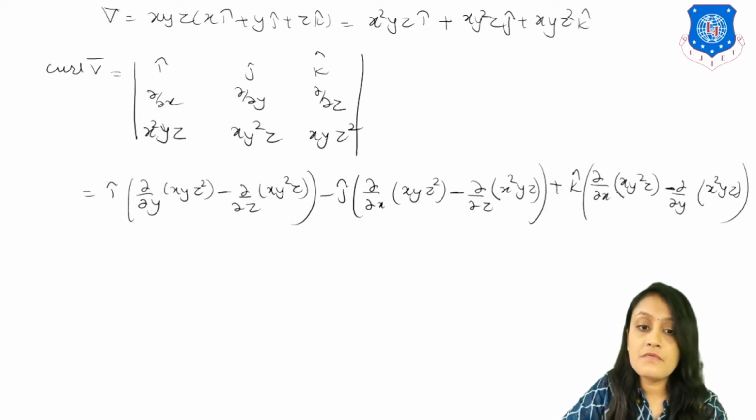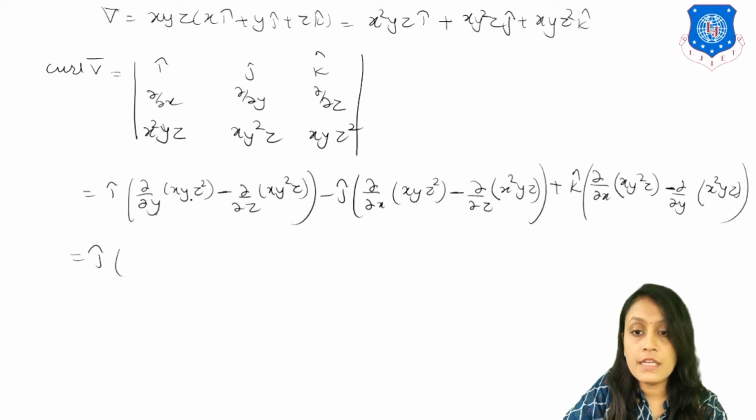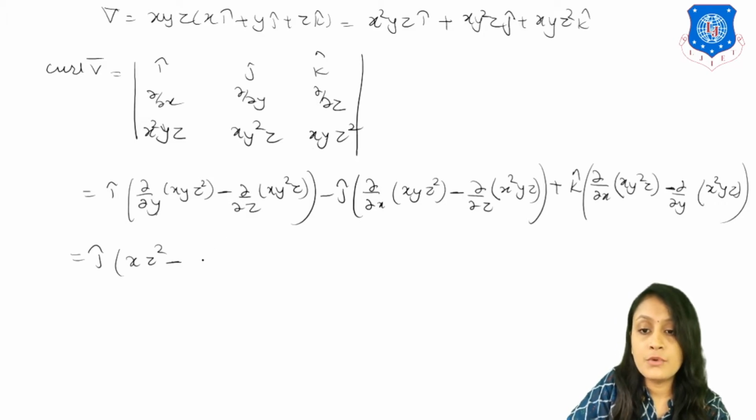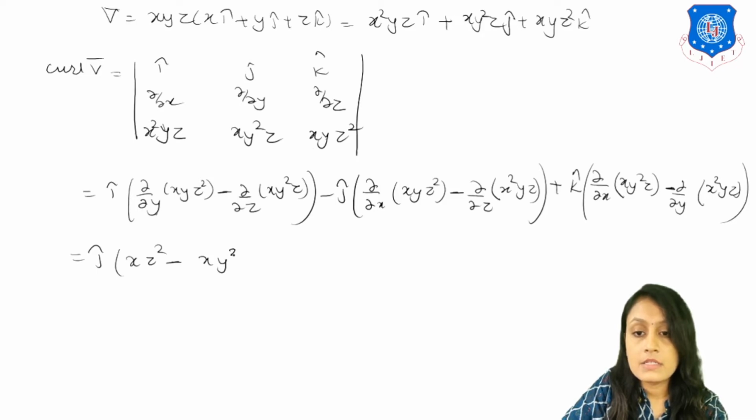Okay, so this is the first example, so we are writing everything. You can write the derivative directly also. Now derivative of this term with respect to y will give you xz square, minus now derivative with respect to z, which will give you xy square.